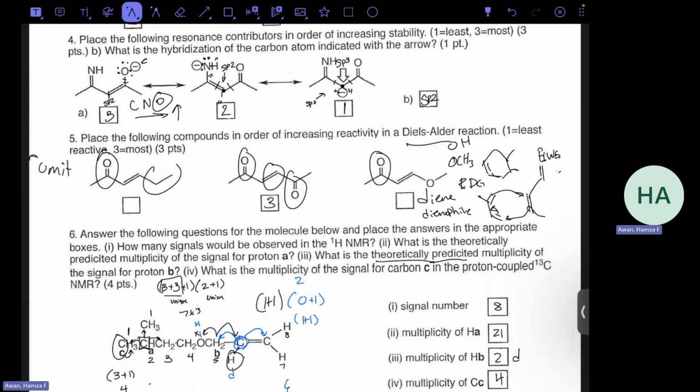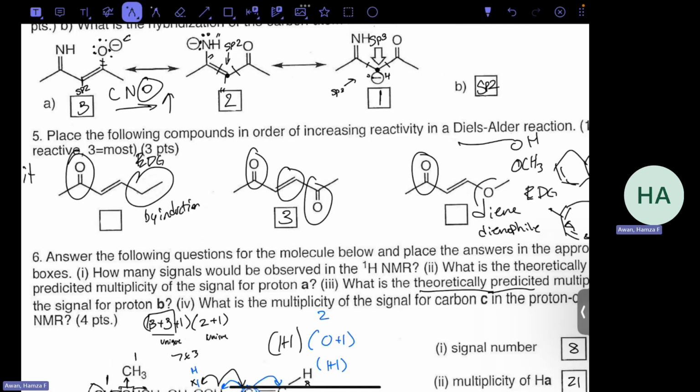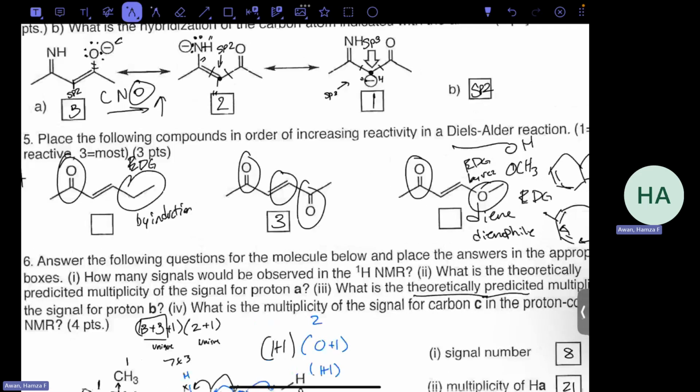On the left one, we have this CH2CH3. This is actually an electron donating group, but it's only an electron donating group by induction, right? So it's not very strong. Versus this OCH3, this ether, is going to be an electron donating group by resonance. So this is going to be a stronger electron donating group.